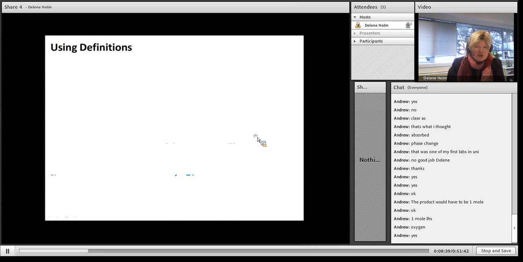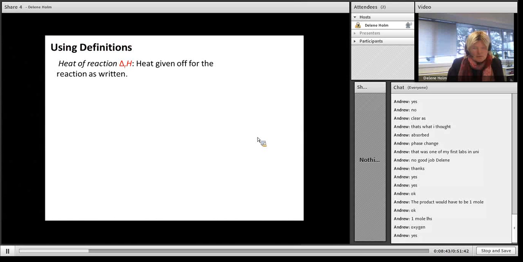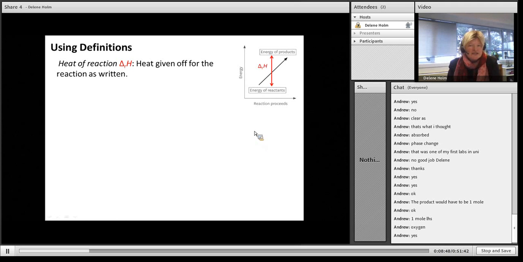Okay, so now we're going to use the definitions. And so when we have a heat of reaction, it's always as a reaction is given. So if I make these energy diagrams, here's a case of an endothermic energy diagram. The energy of the reactants, this is really when we form those reactants from the elements, it has a fixed amount of energy.